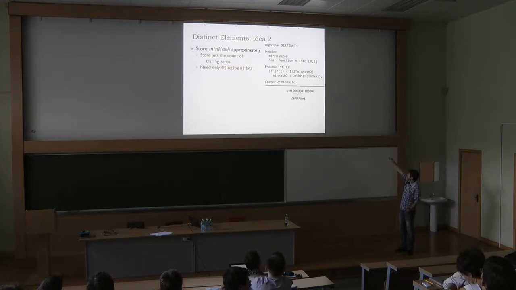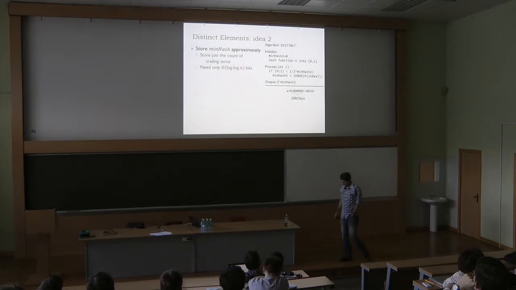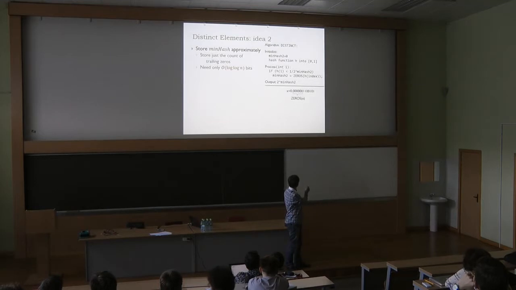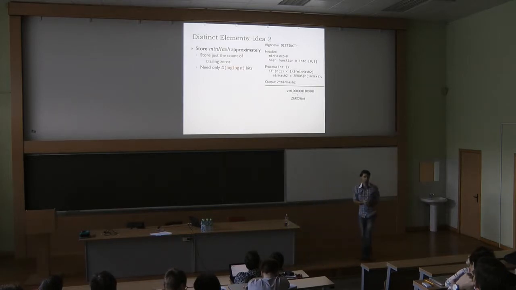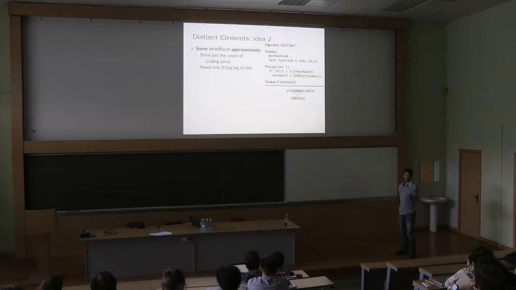This just takes the maximum, it stores the maximum number of trailing zeros of the hash function of the index. Does this make sense? Yeah? Good.